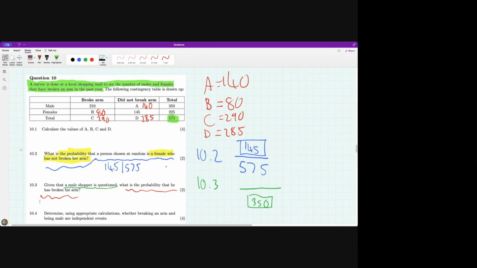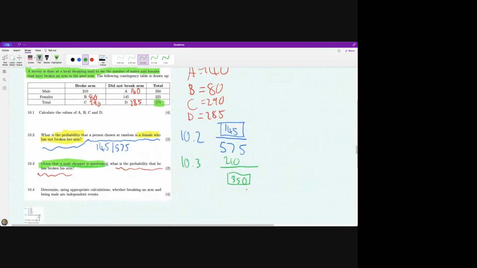Oh, okay. Does that make sense now? It's a good question, but it's all about this condition here. What's going to be inside the 350? So male broken arm 210. There we go. 10.3.